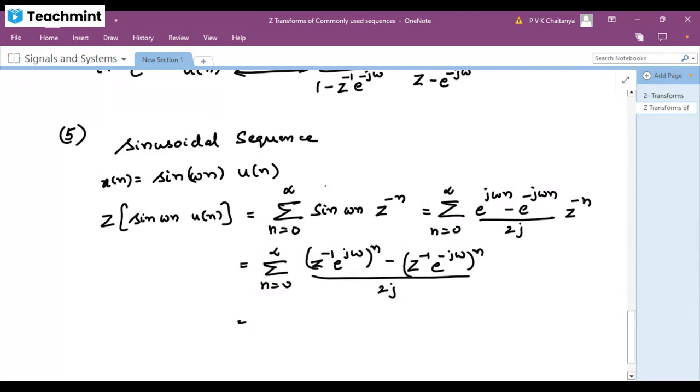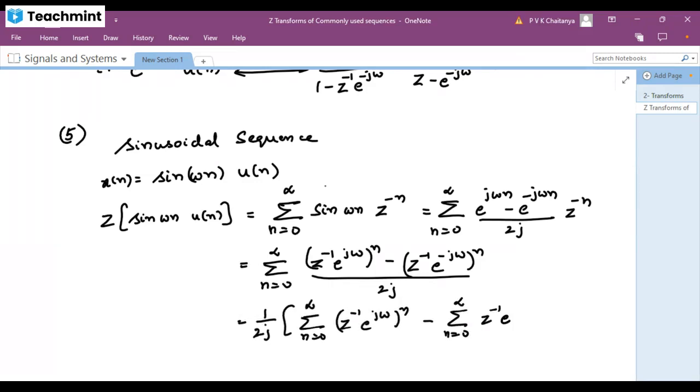So I can write it as two summations: 1 by 2j sigma 0 to infinity z power minus 1 e power j omega power n, minus sigma 0 to infinity z power minus 1 e power minus j omega power n.